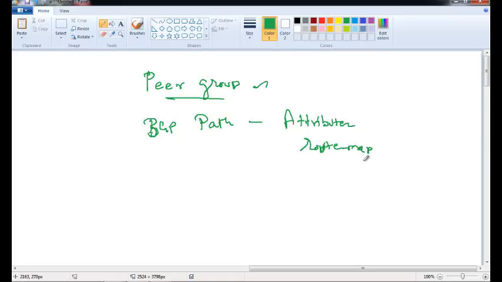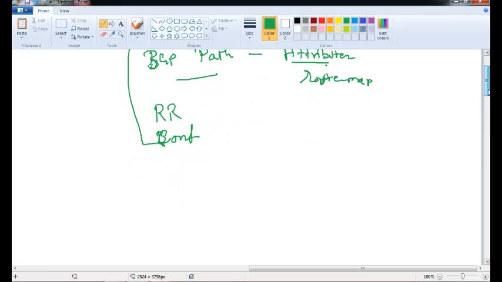So in parallel we also learn about route map and BGP attributes. When we do this, we actually finish CCNP, but we'll also be seeing something more, a little extra, called BGP route reflector, called RR, and BGP configuration. So when we do these four topics, we are finishing our CCNP BGP.